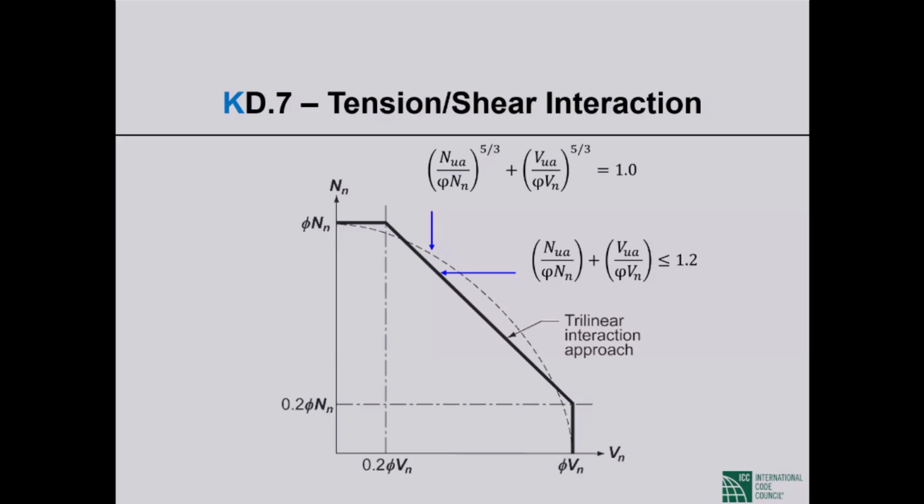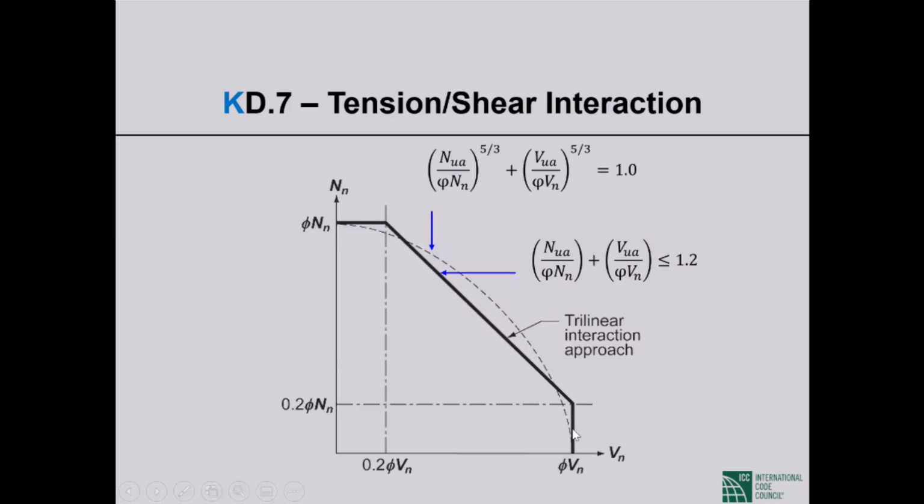Okay. The shear tension application, we are out of time, so I will just tell you that we used to use this kind of an interaction equation. ACI 318 has replaced that by this three linear segment interaction.